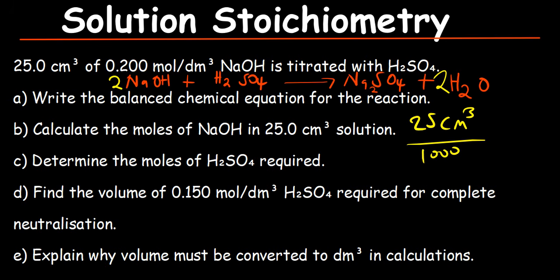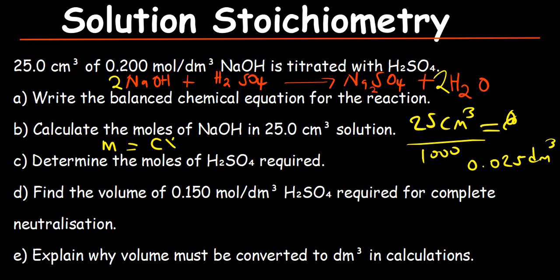Okay, so in this case, what am I going to have? 25 divided by 1000. I'm going to have 0.025 dm cubed, or liters if you want. Now, what will be now the moles? The moles of sodium hydroxide will therefore be the concentration multiplied by the volume.